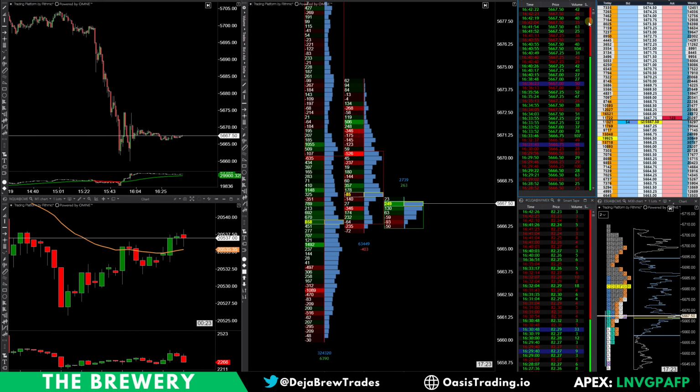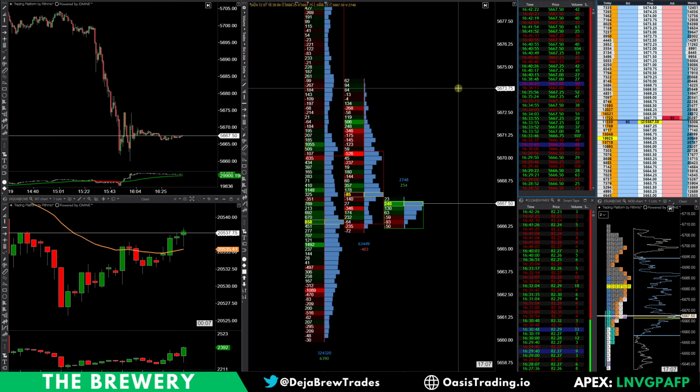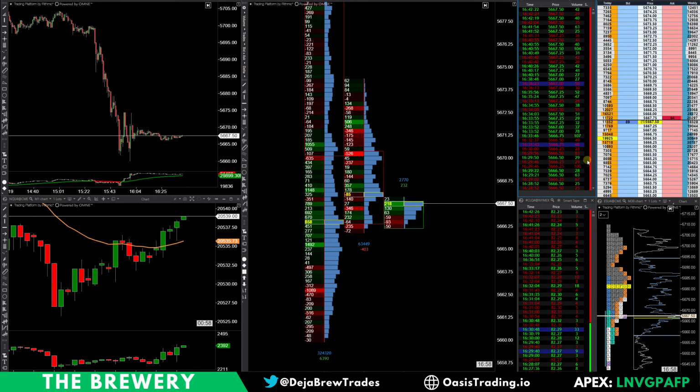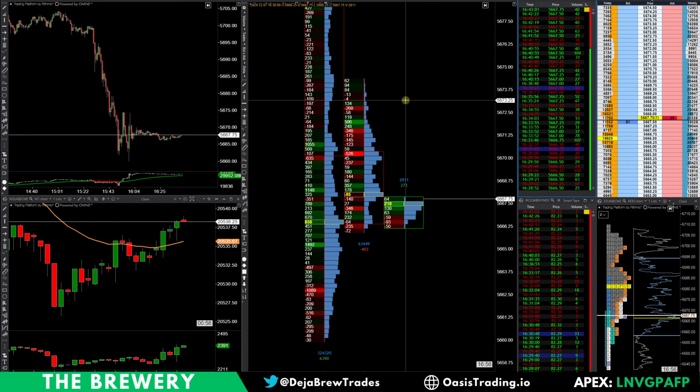Okay, and that's the other thing I was going to talk about, the speed of the tape. I can't really show you because the market is pretty much closed right now. But as the orders are flooding in, there is a yellow indicator on the side here, and it will show you how quickly those orders are coming in. So if the market is just flooding in orders, you see how that yellow is popping up right here? It will be very yellow. So I know to be careful.